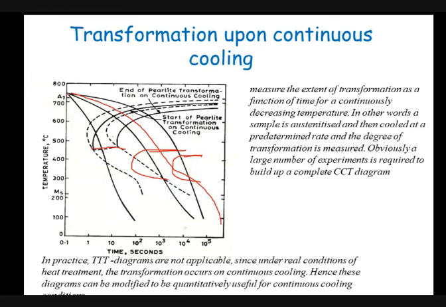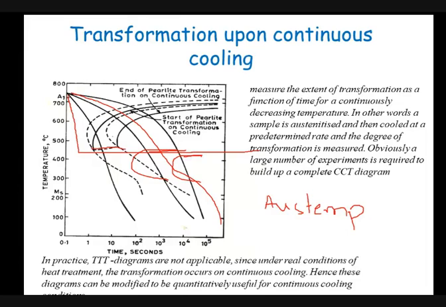The regular practice is to hold the sample somewhere here, then you go for this. This heat treatment we call austempering. I'm writing with the mouse, so it may not be correct.